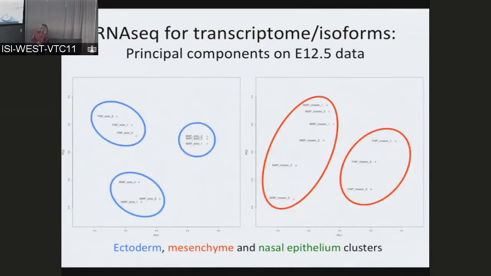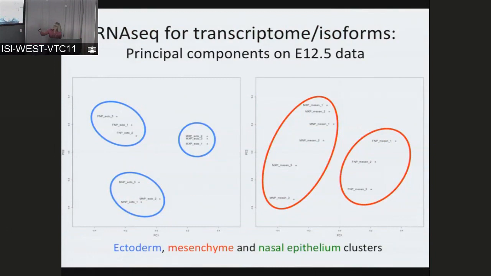And in more detail, if you look at the ectoderm, you see that the frontonasal and the maxillary and mandibular group each with themselves. And in the mesenchyme, similarly, the frontonasal groups with itself. The maxillary and mandibular mesenchyme is really quite similar. This is, again, reproducing what we saw with our initial microarray experiments, where at least at this age, the maxillary and mandibular mesenchyme are really quite similar.